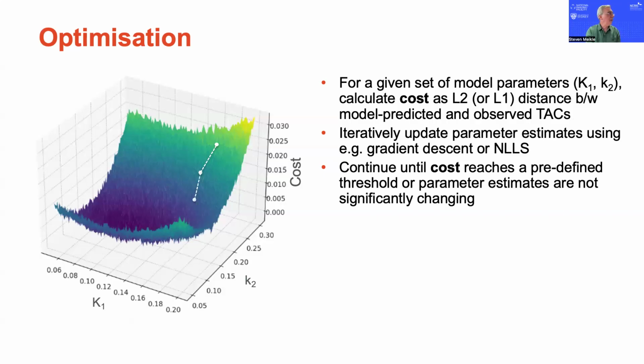We do that iteratively, and each time we update, we should be getting closer to the minimum, depending on what type of algorithm we're using. So we do that several iterations, getting closer and closer to the minimum. Our cost function is getting smaller and smaller until you get to a point where it's really not changing much at all.